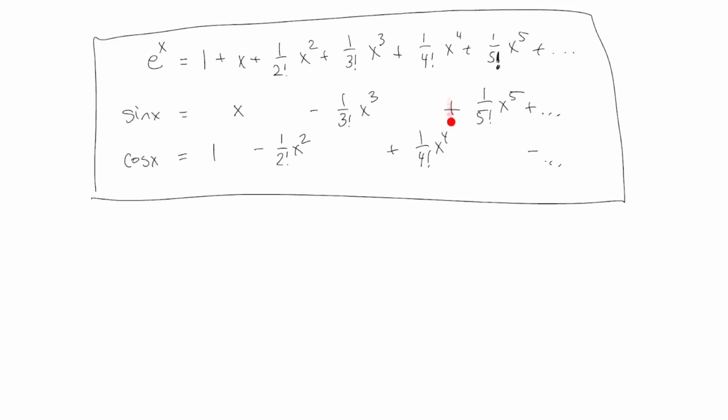If you were to add sine of x plus cosine of x, they would fill in the blanks and you'd get e to the x. Now, this is not exactly true. You wouldn't get this because of these minus signs. If you added sine plus cosine, some terms would be negative, but in e to the x, they're all positive.